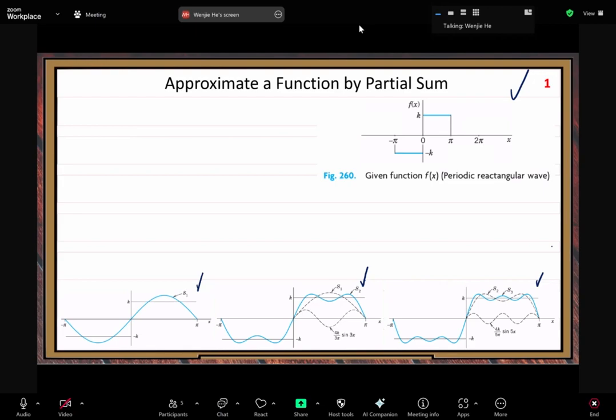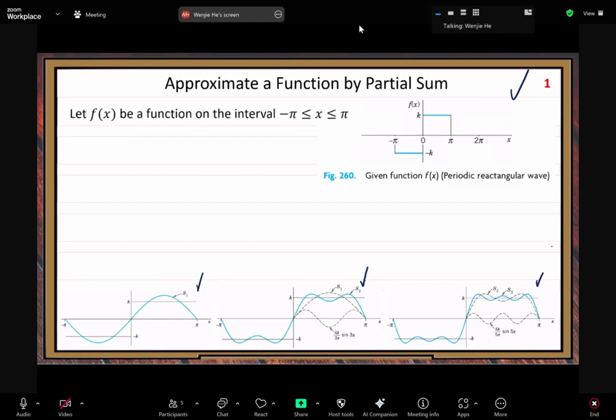Then we have the confidence that when we do the approximation, we can always get an excellent approximation. And we have computers. We can write programs to calculate the partial sum to approximate the original function. All right?